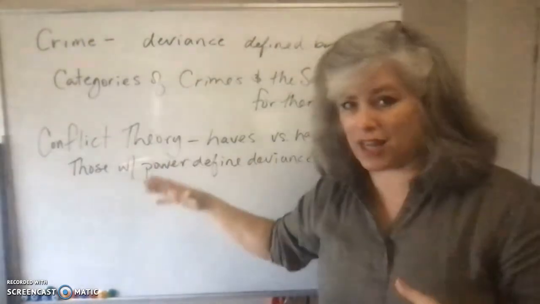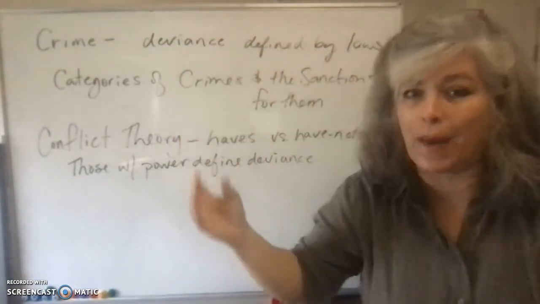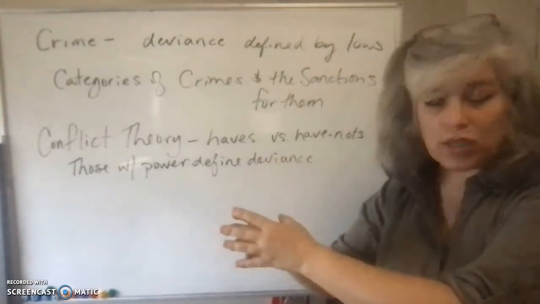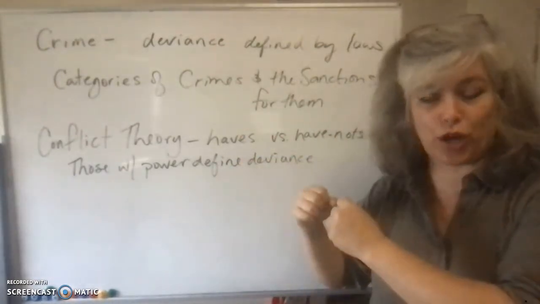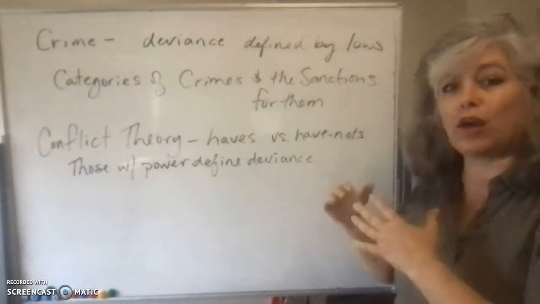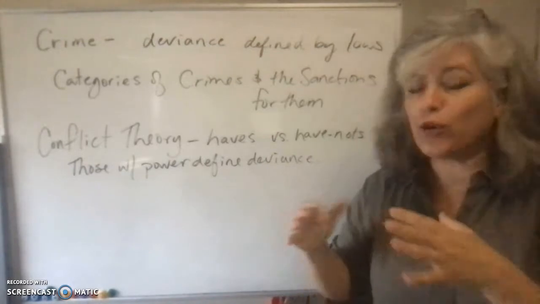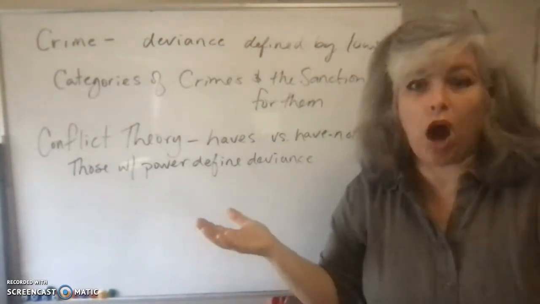And conflict theory is the idea that social structure is designed over time to benefit some and disadvantage others. So the haves would be those who are benefited by social structure, and the have-nots would be those who are disadvantaged by social structure. And you can have haves and have-nots on a variety of different topics.